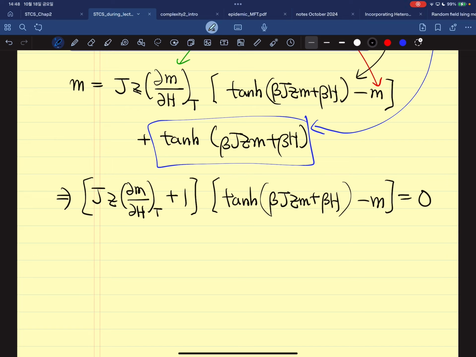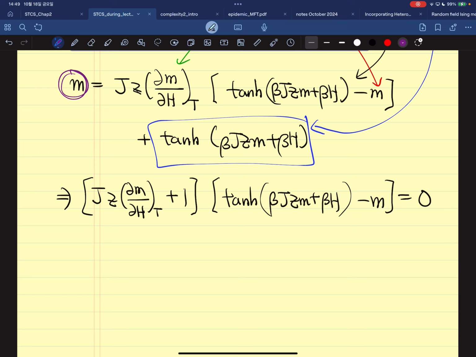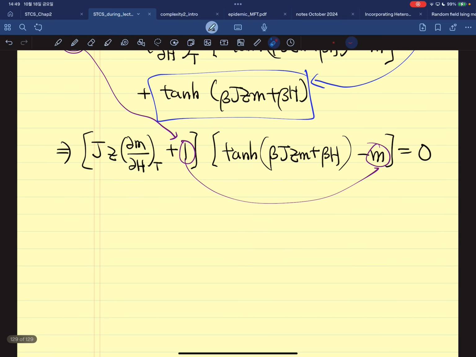The final term is this single m, the result of this product. So the form is A times B is 0. So either A or B is 0.